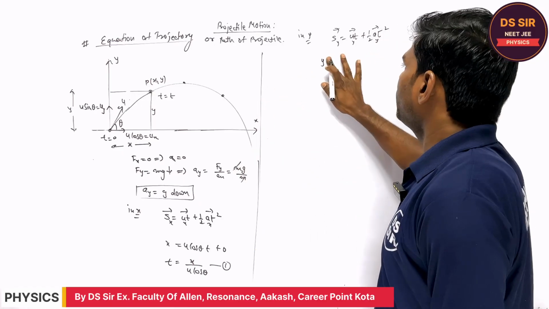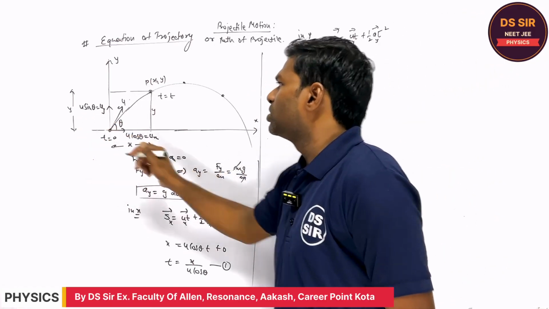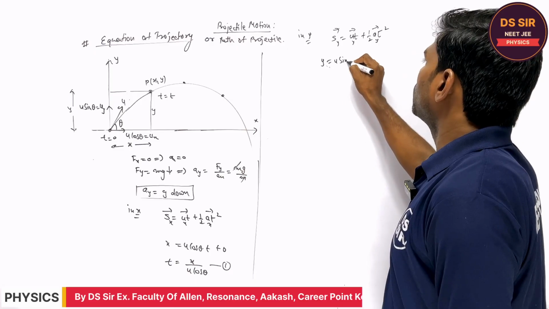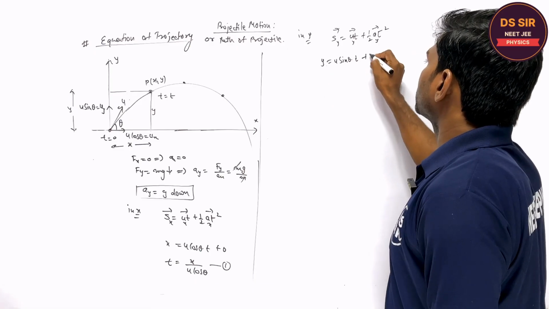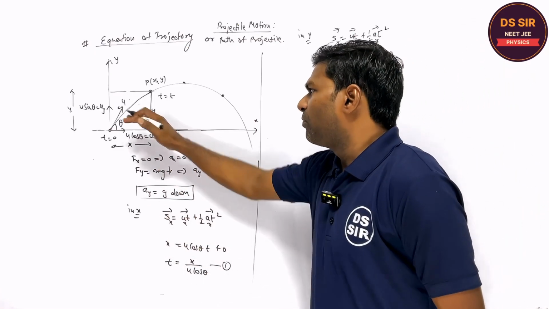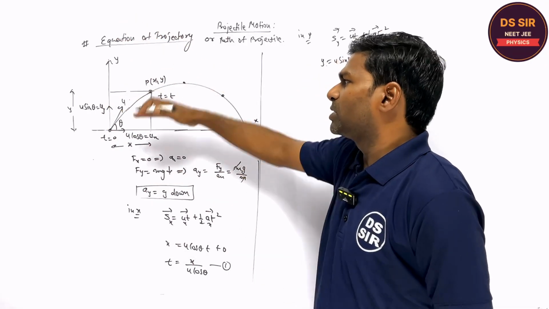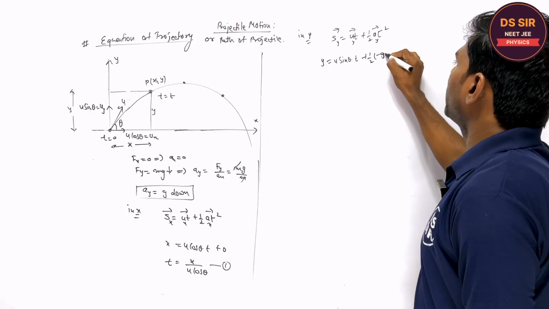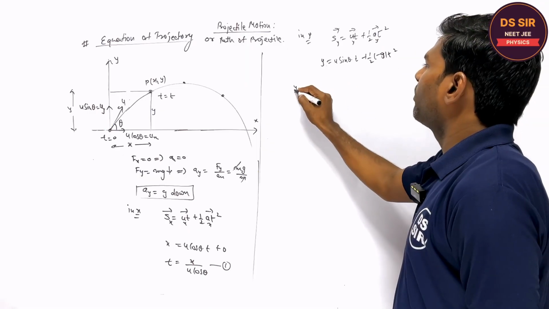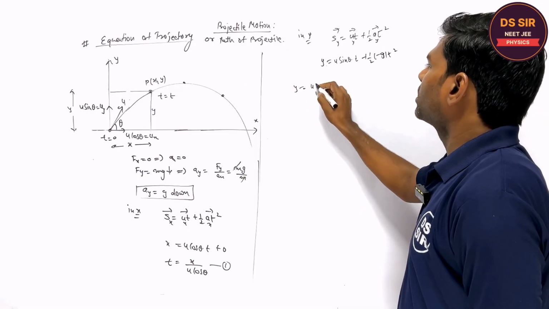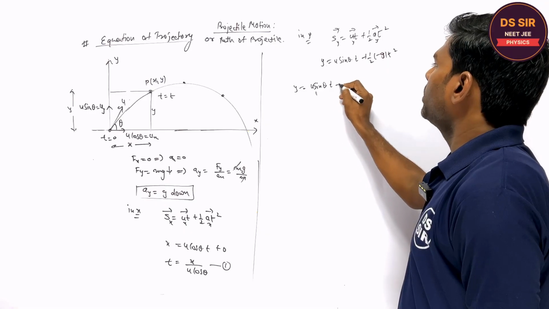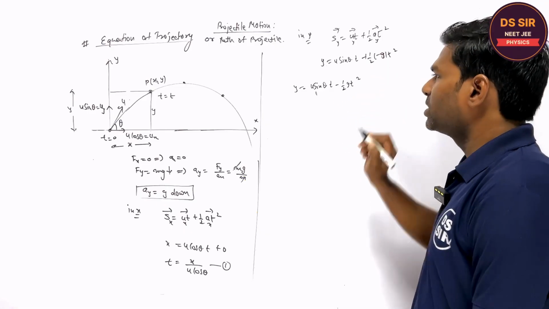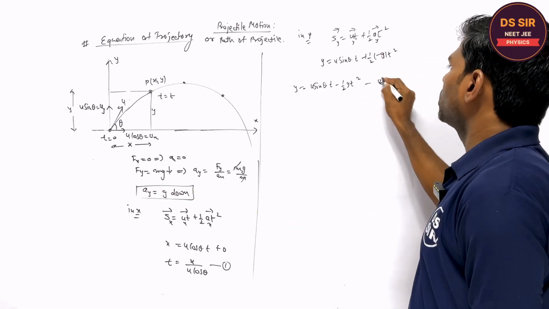The initial velocity in the y direction, say u sin theta into t, plus the acceleration. In the vertical direction you will choose the positive direction upward, negative direction is the downward direction. So acceleration is minus g into t square. So y is equal to u sin theta into t minus half gt square. Is it clear or not? So this is equation number 2.